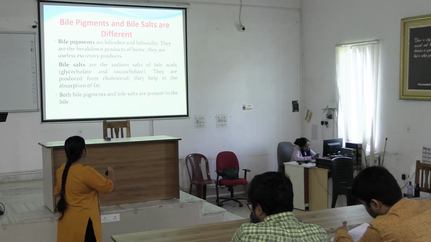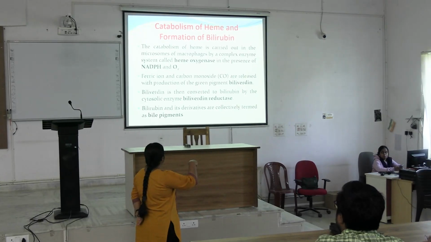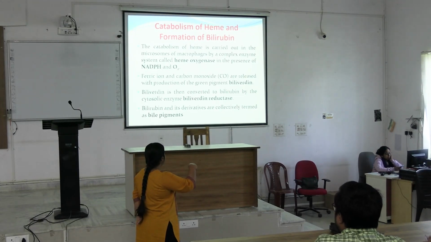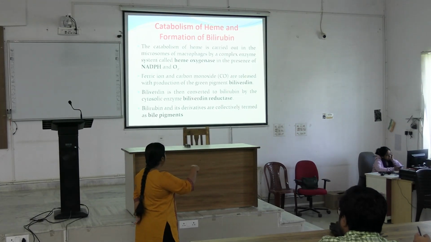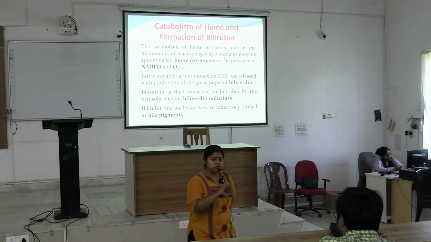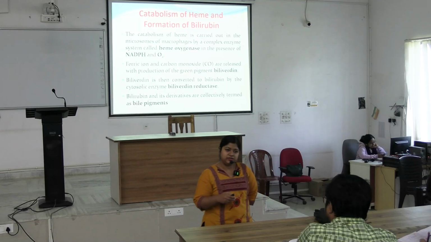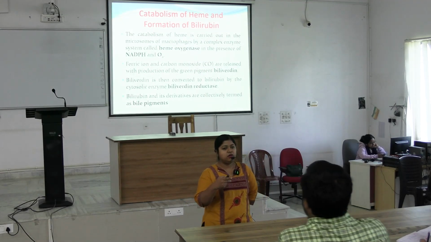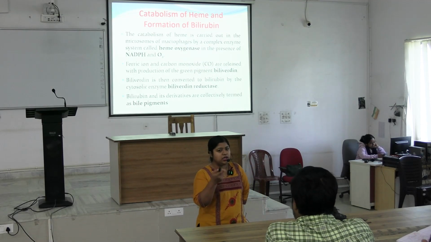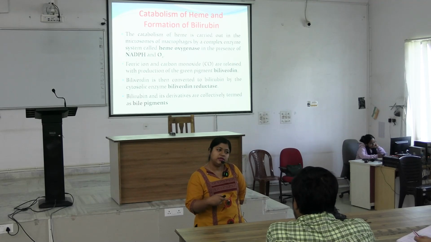Here comes another thing: the biliverdin reductase enzyme which converts biliverdin to bilirubin is a cytosolic enzyme. So both steps occur in different places. Heme to biliverdin occurs in microsomes and biliverdin to bilirubin occurs in cytosol.